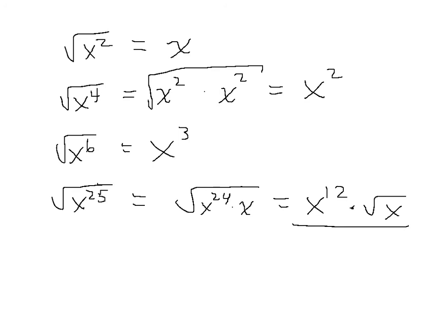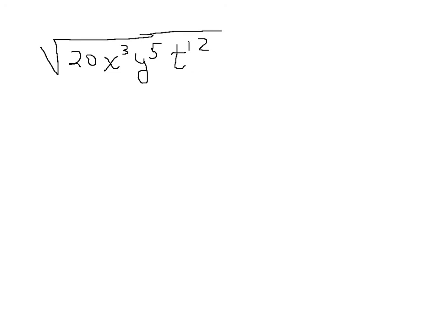Okay, let's look at an even more complicated example. Okay, so check this out. So I'm going to write this as the product of two terms, one of which I can take the square root of. So now think about this for a second. What are the powers of x that I can take the square root of? I can take the square root of x squared, x to the fourth, x to the sixth. So they're all even powers of x.